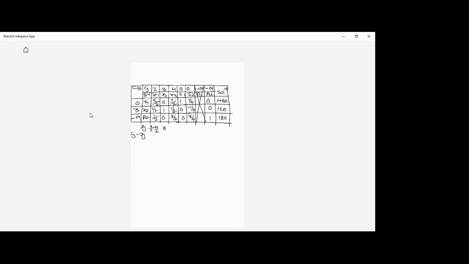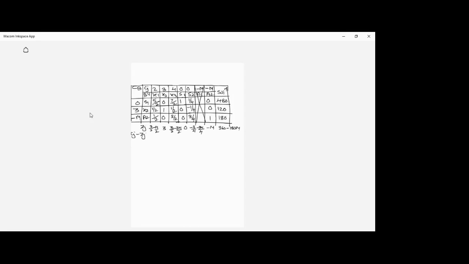Nextly, it will be 3 by 2 minus 3m by 2, 3 by 2 minus 3m by 2, then it will be 0, it will be minus 3 by 4 minus 3m by 4, minus 3 by 4 minus 3m by 4, and lastly it will be minus m. For this particular, 120 into 3 is 360, and it is minus 180 m, right? So I'm hoping that you have got these values.